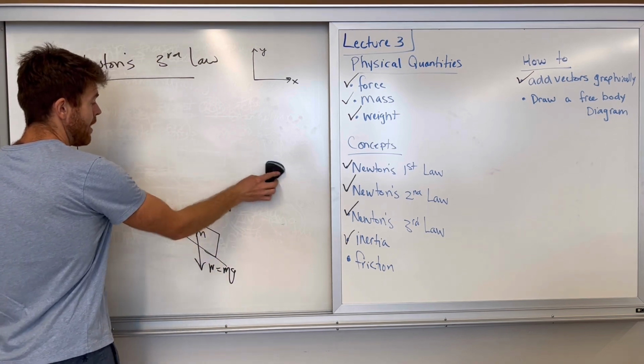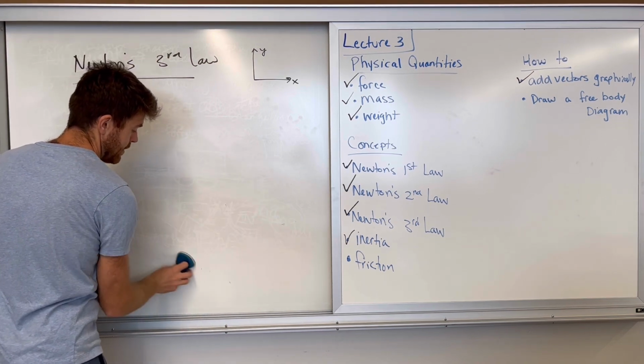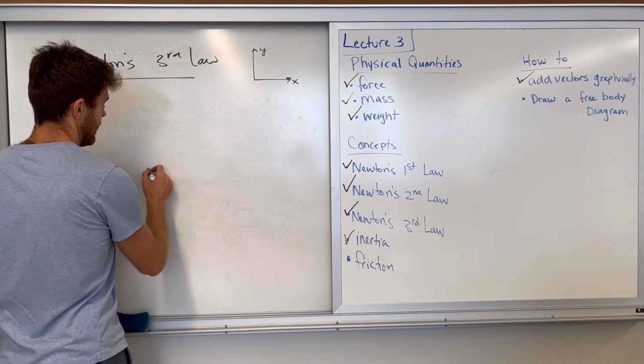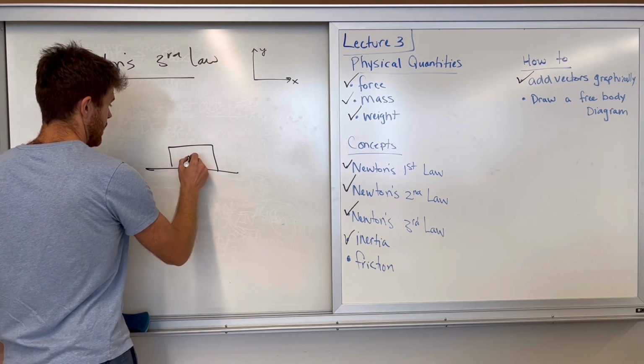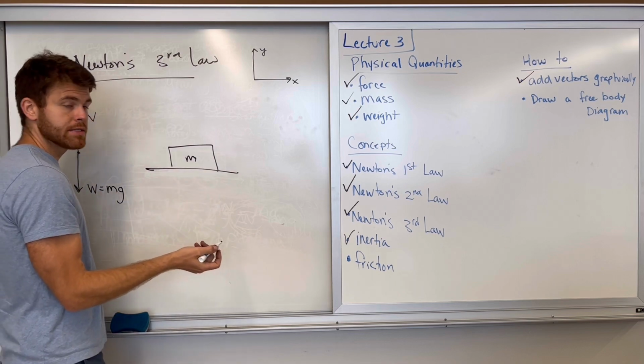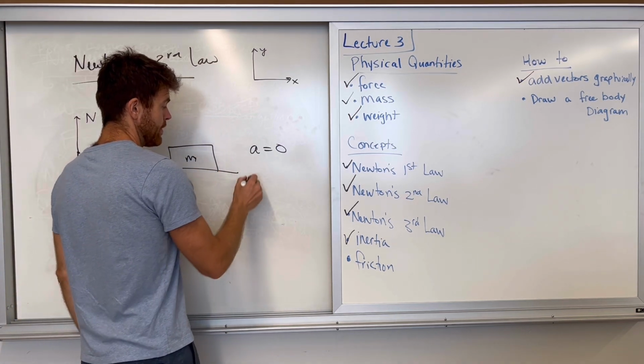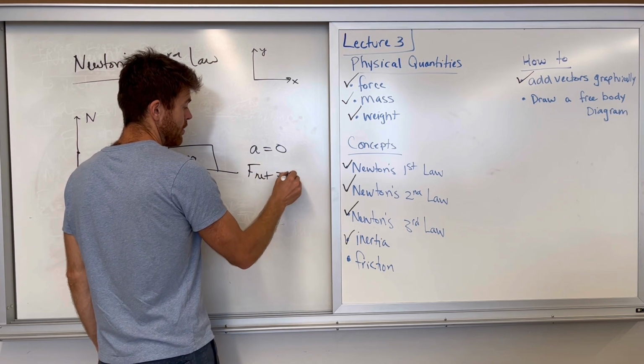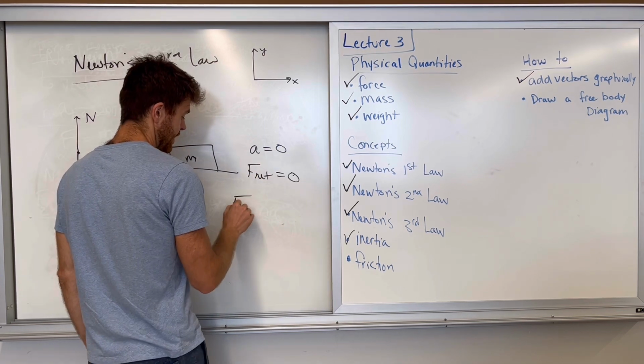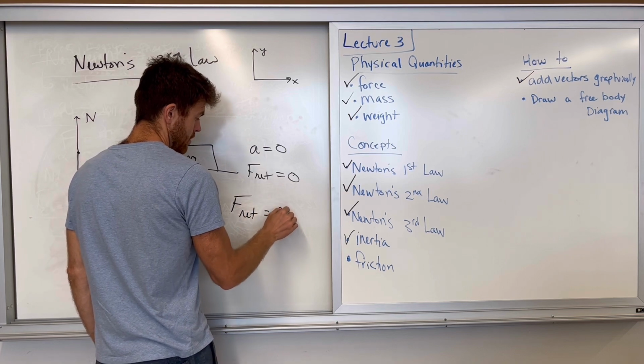Now, because this block, oh, I just erased my object, is not moving, it's at rest, we know that its acceleration is equal to 0. So the net force must also be 0 per Newton's second law. Right?